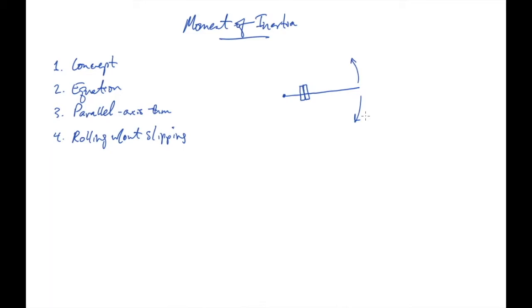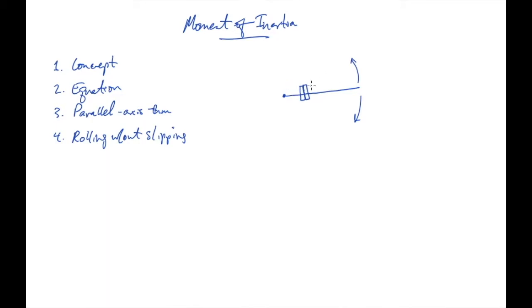Your intuition could probably tell you that it's easiest to make this stick and the weights that are attached to it rotate in this way if you move these weights close to where the pivot is. If the mass is close to where the pivot or the axis is, it's going to be easy to make this stick rotate back and forth.